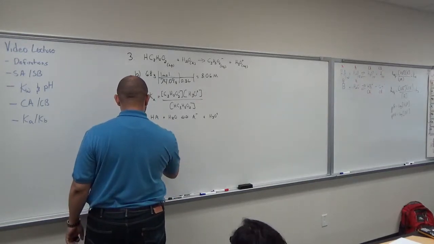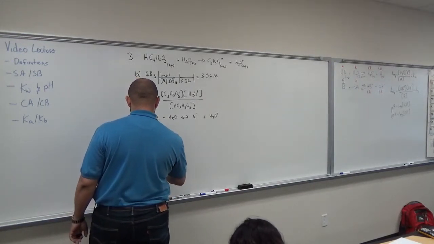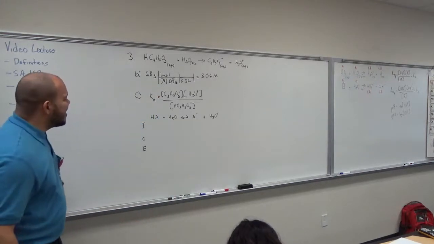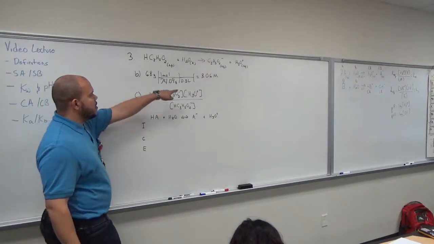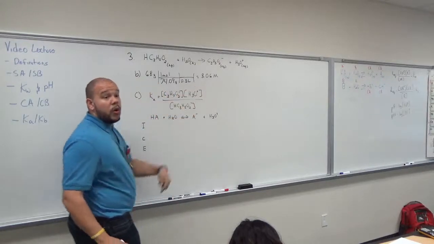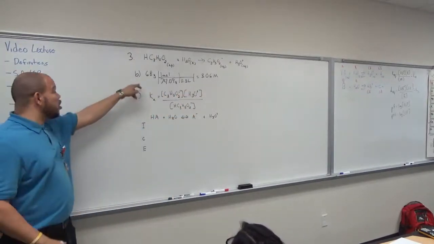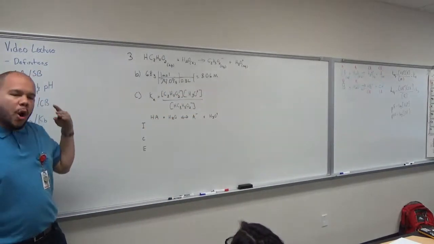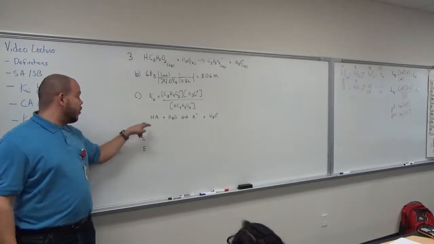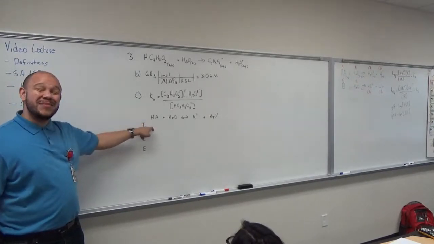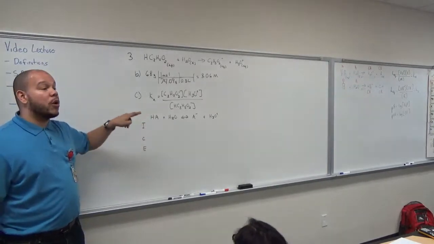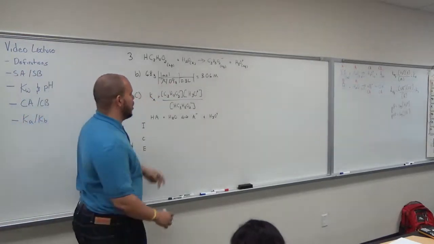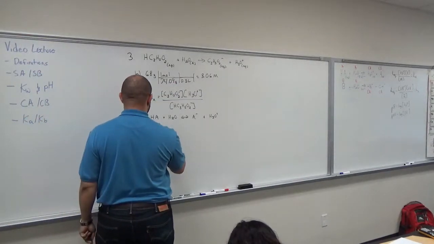So the ice table is initial, change, equilibrium. Our initial value for HA is given to us by the calculation. So let's say I didn't give you the instructions to calculate concentration. Hopefully you'll be able to understand and know that initial here is always in molarity. Therefore, this needs to be calculated. So we have initial 3.06.